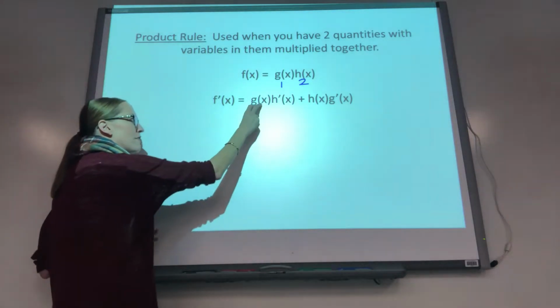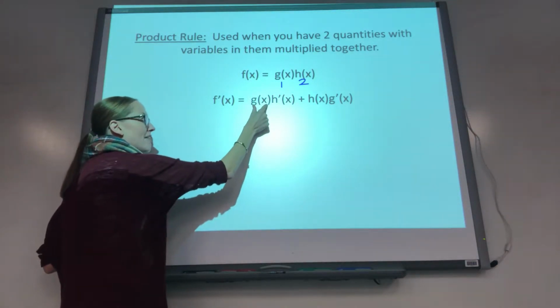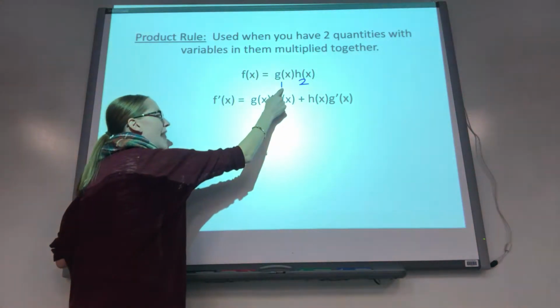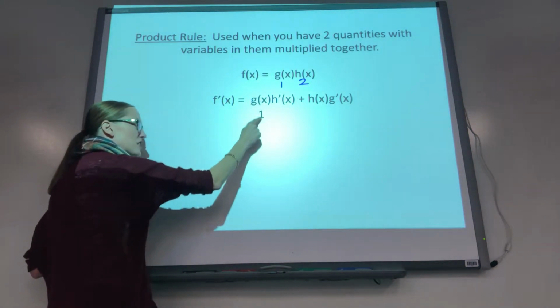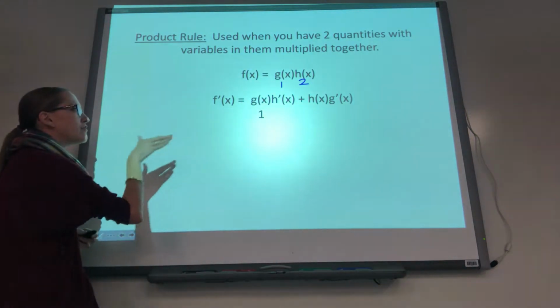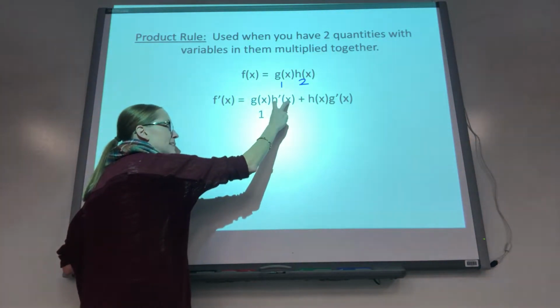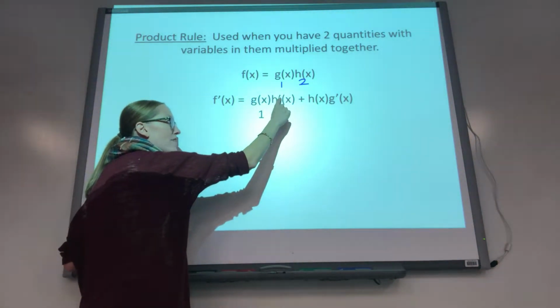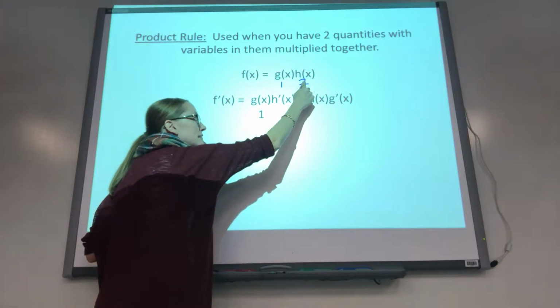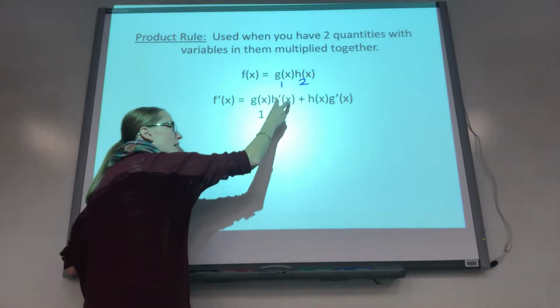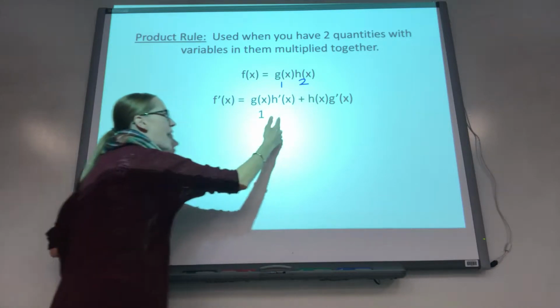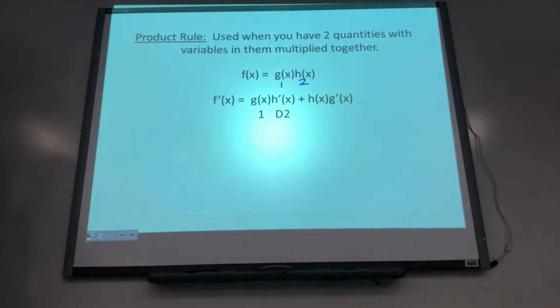So follow with me for a second. G of x, we're calling that 1. So just put a 1 right underneath of G of x. H prime of x is the derivative of the second part. I'm going to call that D2.